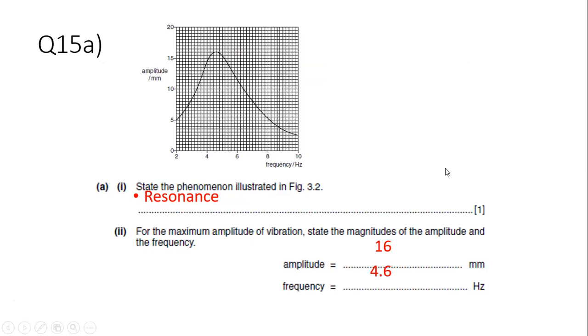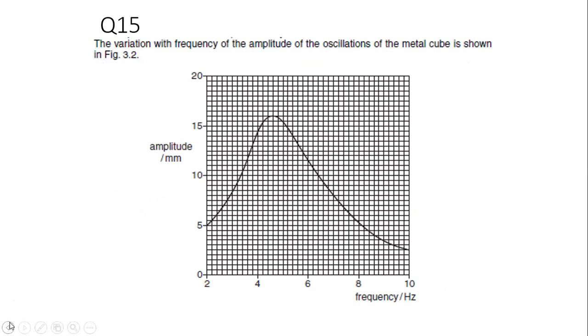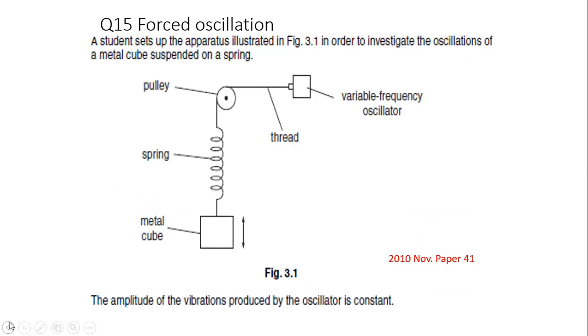If you're going to come for lecture without revising your notes, I think you are going to be in trouble. You calculate your amplitude. Nothing else is given. So how are we going to calculate?